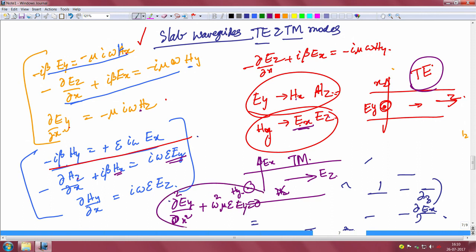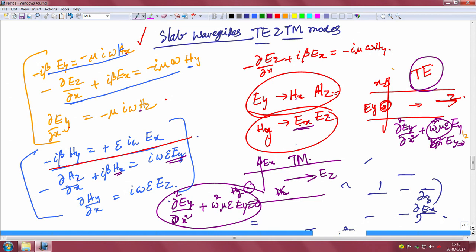You get the differential equation only for Ey. So, in the case of the TE modes, we get d square Ey by dx square plus omega square mu epsilon Ey.